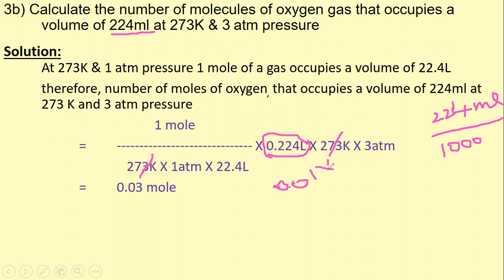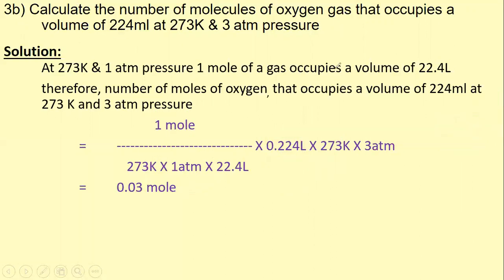Sorry, 1 liter into 3 atmospheric pressure, as given here. So your answer will be 0.03 mole. This liter gets cancelled and this atmosphere also gets cancelled. Only this 3 and 1 mole remain, that's the unit. So the number of moles of oxygen for the concerned volume of 224 ml is 0.03 mole.